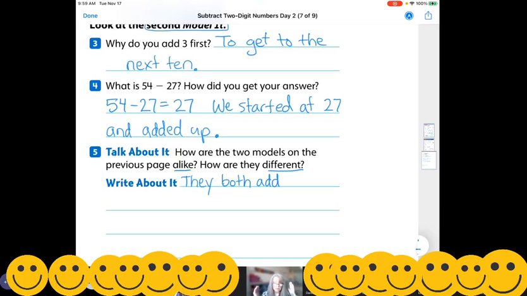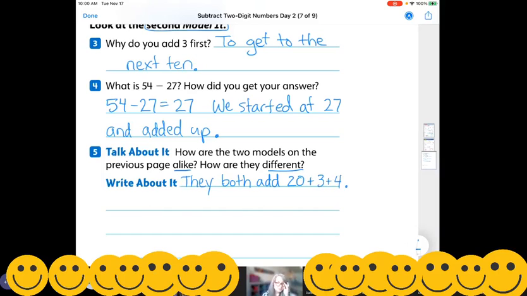They are both adding a 20 somewhere, right? So they both are adding 20. They are both adding a 3, just in different orders, right? They both add a 3, and they are both adding a 4. That's how they are alike.